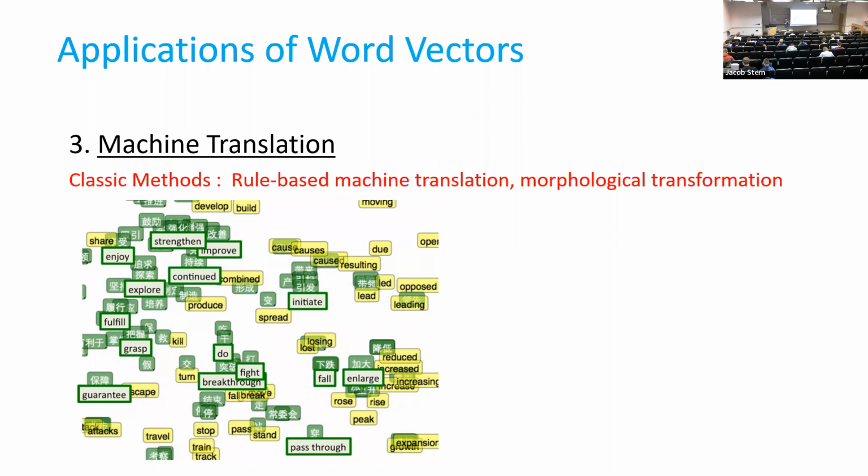And then from there, if you want to know the translation of a word from English to Japanese, you find the nearest Japanese neighbor of an English word in that space. Does that kind of make sense?